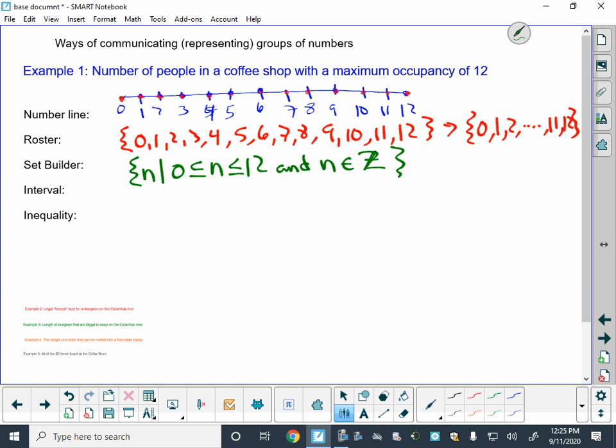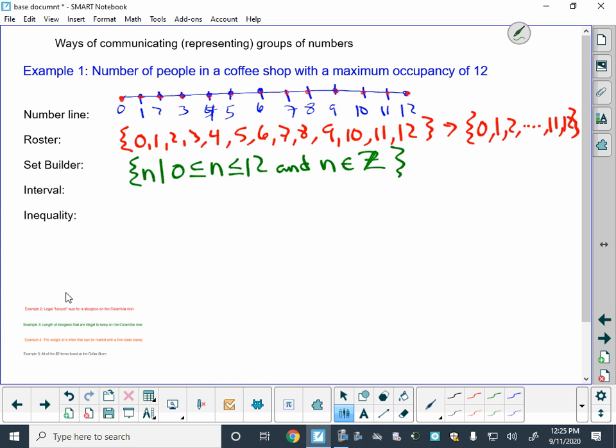The set of all n such that n is trapped between 0 and 12, including 0 and 12, and n is an element of the integers, or it's coming from the integers, which means we can only use those whole numbers as we go through here.